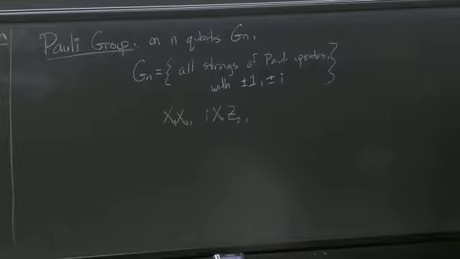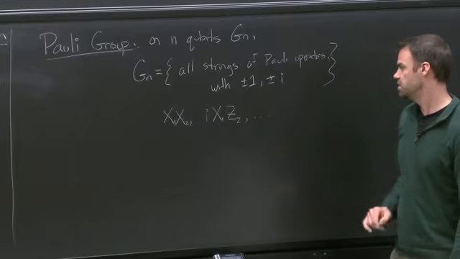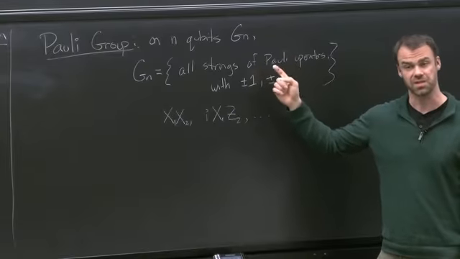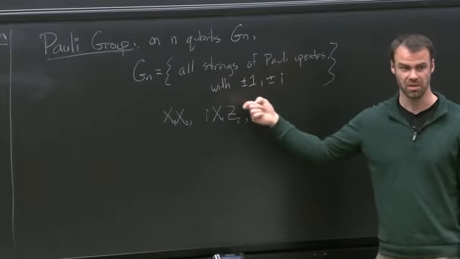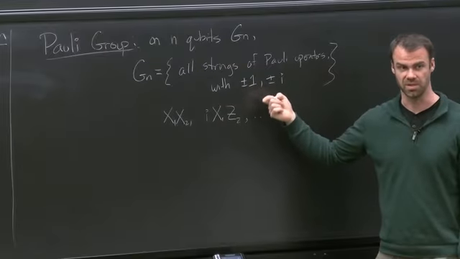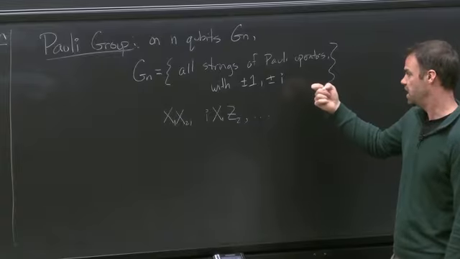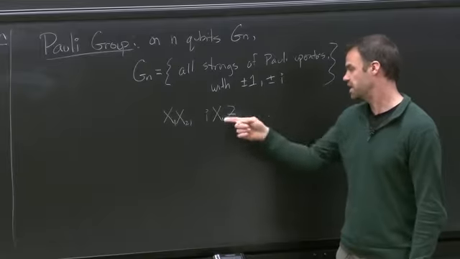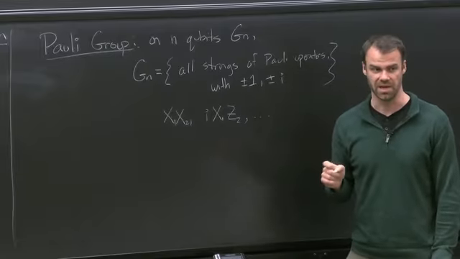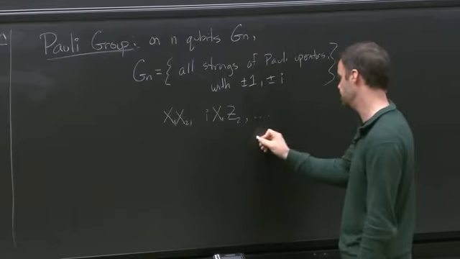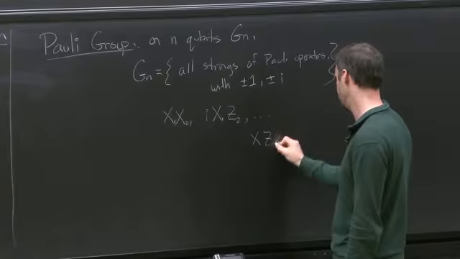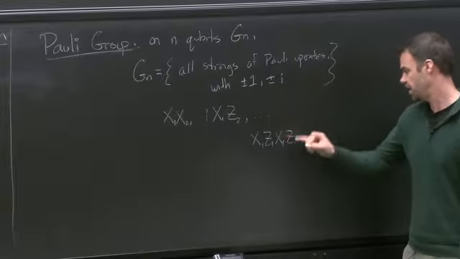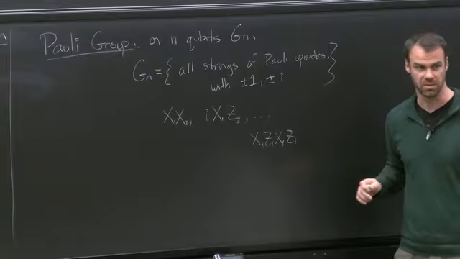Okay. Why do I need the plus and minus 1 phases? Well, that's just because I want this thing to be closed. Or sorry, I should say the group operation is matrix multiplication of these elements, right? And if I want to be closed under multiplication, and I have X and Z in there, I better have the minus 1 overall phase as well, because X Z X Z, all on the first qubit, that's in my group, and that's just minus 1, right?